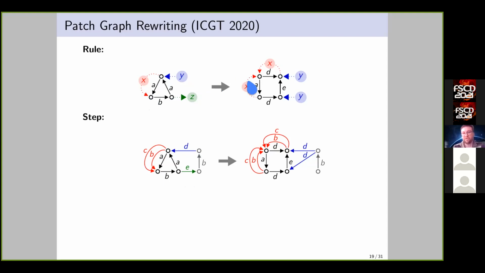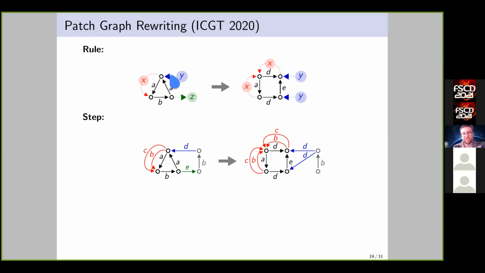And then by simply reusing these variable names, we can very precisely specify how these edges should be reconnected in the right-hand side. And we can also duplicate. We can say that this set of edges X should be put from this node to this, so they are in this direction, and this set of edges X should also be put from this node to this node.